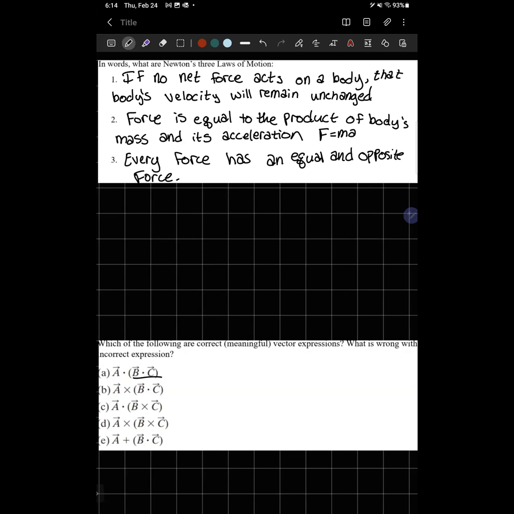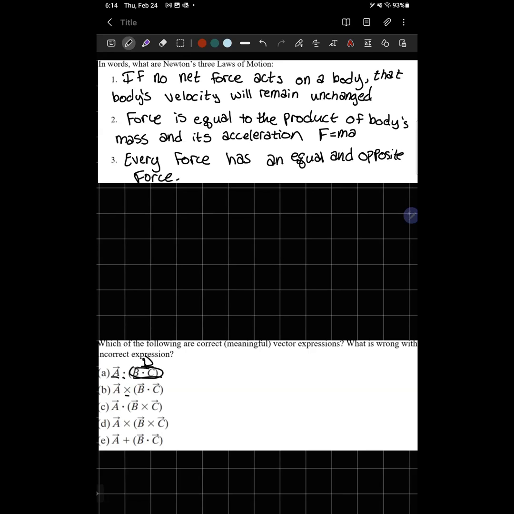It's a scalar. So whenever you get this outcome, you can't really call it a vector because it's going to be a scalar. It's going to be some scalar D, and you can't dot a vector with a scalar.